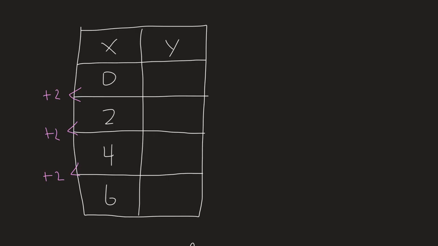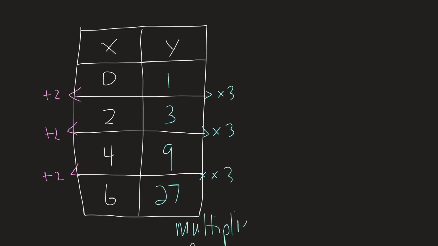But your y values, if we're going to have an exponential function, are going to have a multiplicative factor. So this is times 3, times 3, times 3. So for an exponential, your outputs have a multiplier and your inputs have an adder or subtractor, right? You can be getting minusing also.